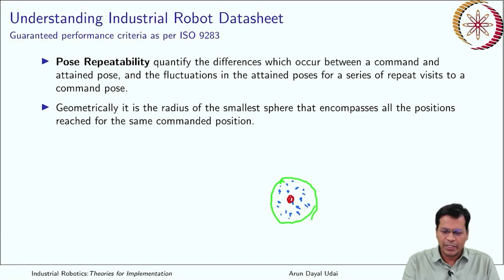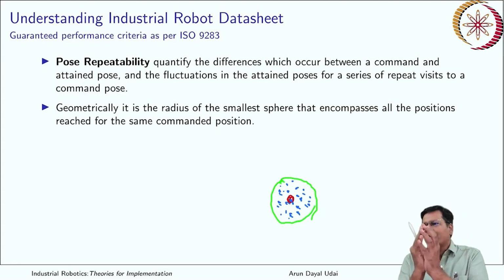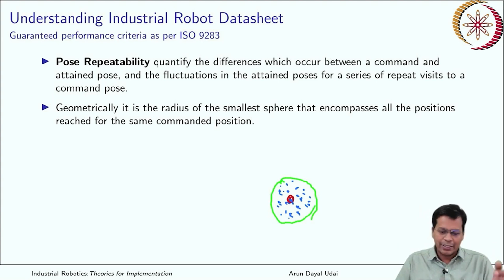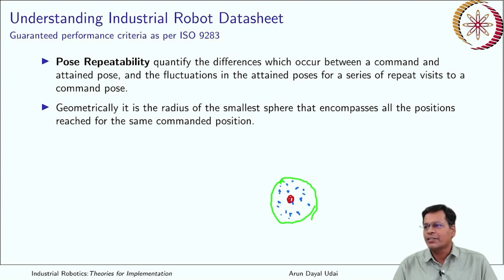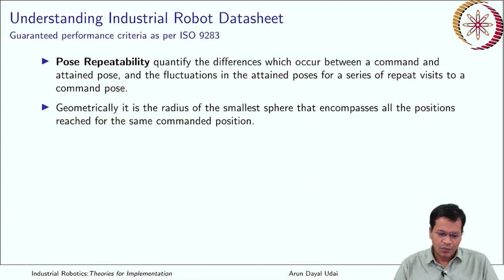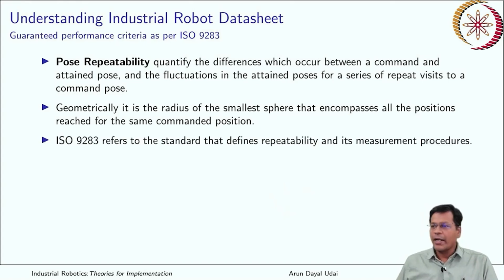I have commanded it to go to the red one, it goes to all the blue ones. Sometimes obviously it will go to the red one also. So the smallest sphere that can enclose all of them, it is the radius of that. There are different techniques to measure this also. So that is pose repeatability. Now ISO 9283 not just defines what repeatability is, it also defines the measurement procedure, how to measure repeatability.